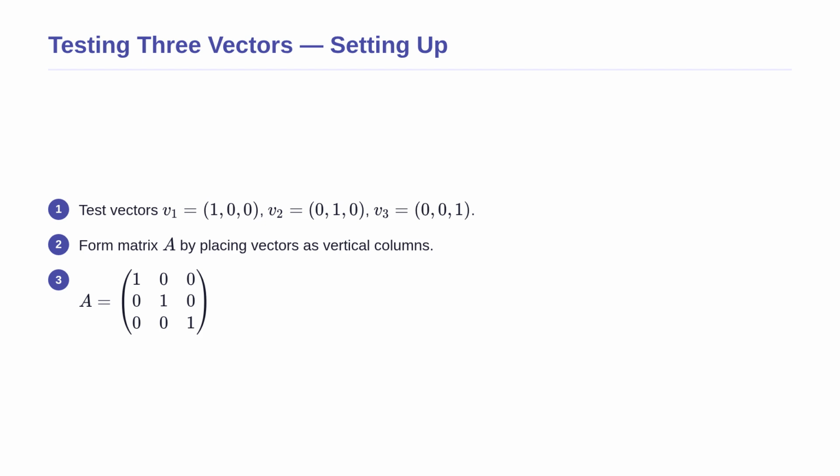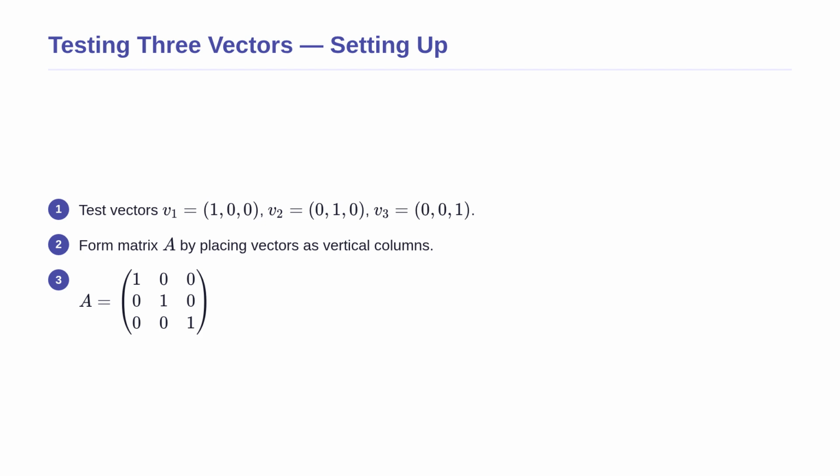We will form a matrix, which we will call A, by standing our 3 vectors up as vertical columns, side by side. Notice that this specific matrix has ones on the main diagonal, from top left to bottom right, and zeros everywhere else. In matrix algebra, this special grid is known as the identity matrix.